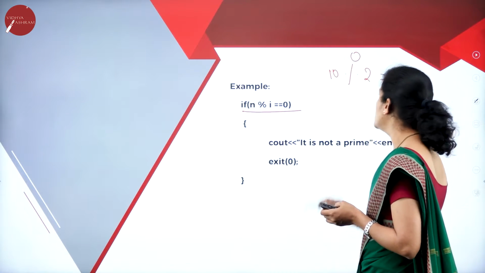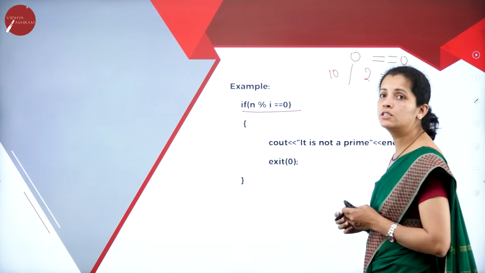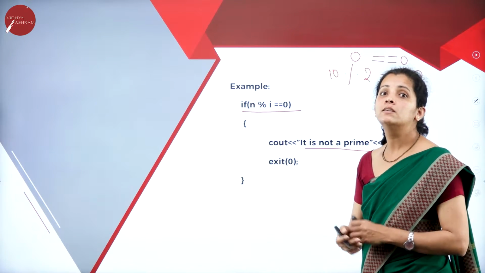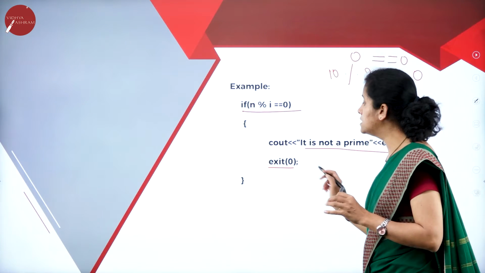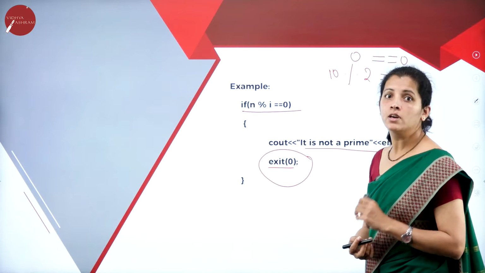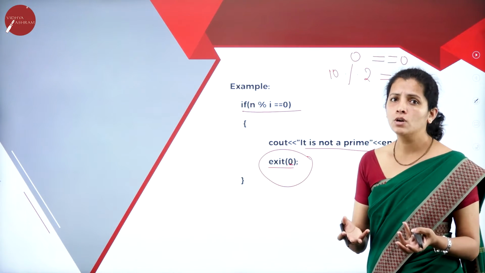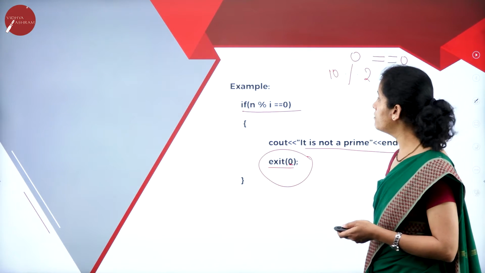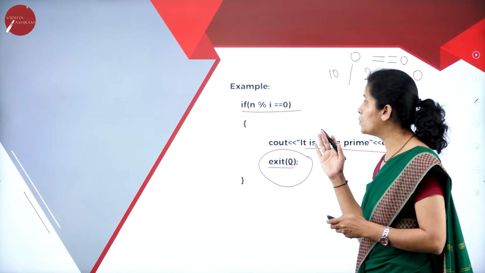I am going to get 0, and 0 equals 0. The condition is true. So what I want to display: the number is not a prime number. I want to exit. This is the normal termination, because the value I pass is 0. This is the way I can use the exit function in my program.